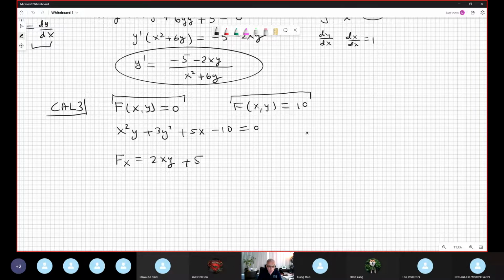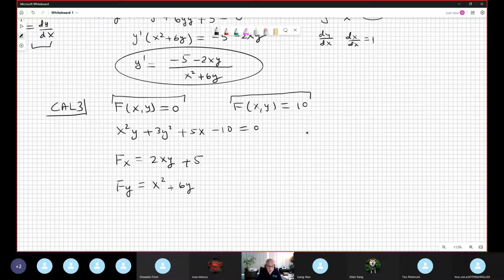Cool. And the partial derivative of the implicit equation with respect to y is x squared plus 6y. Because 2 comes here, 6 decreasing 1, the derivative of the other parts is 0. And you see it's no coincidence.